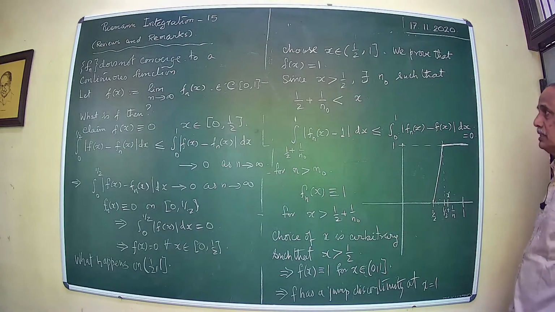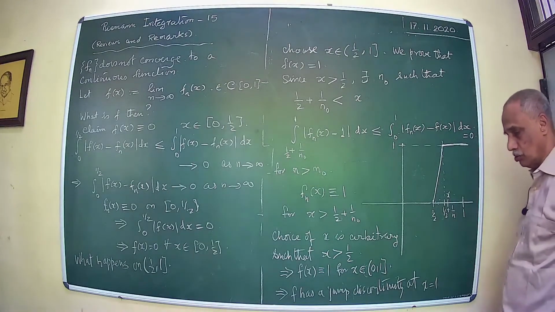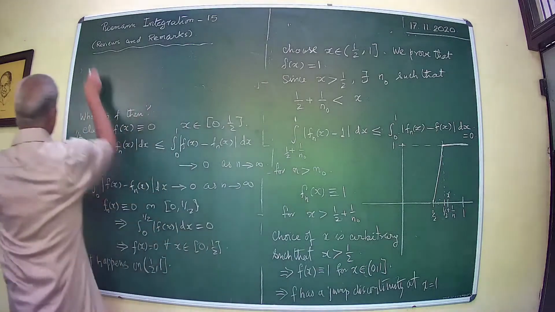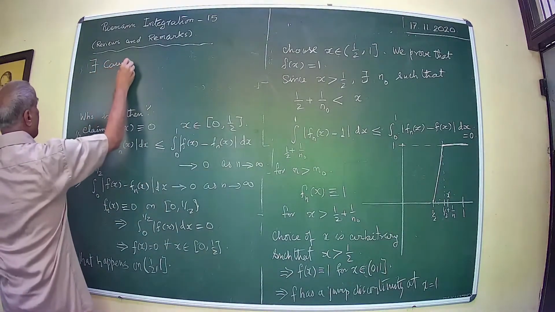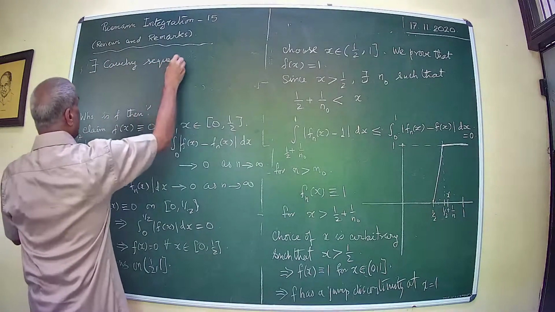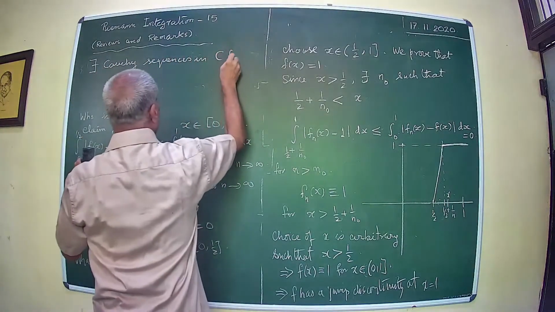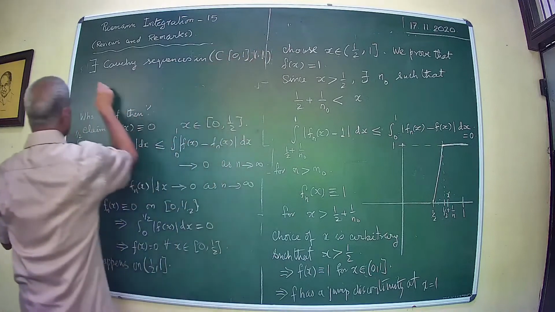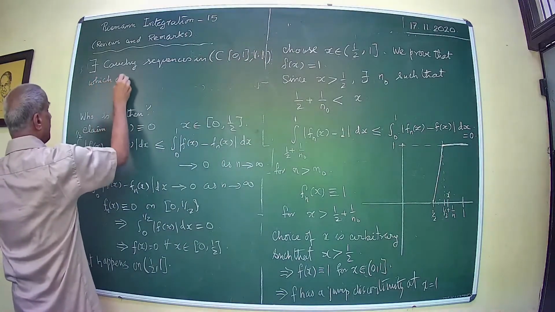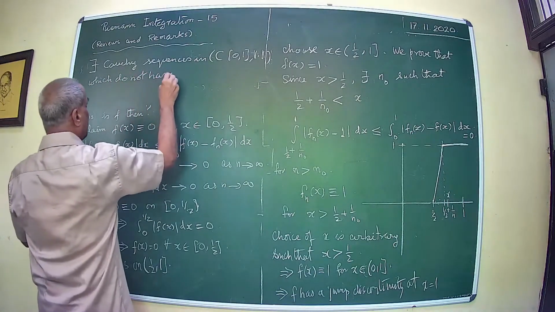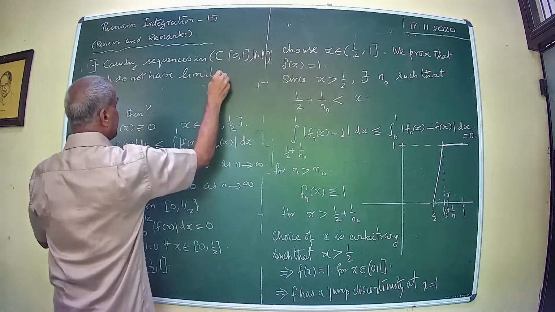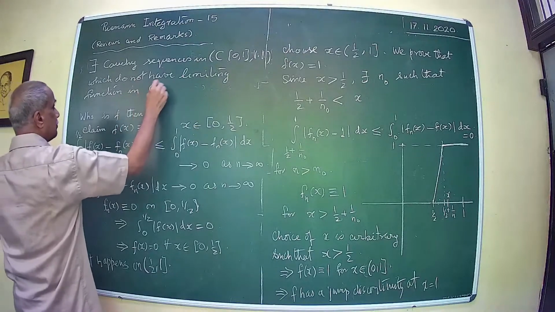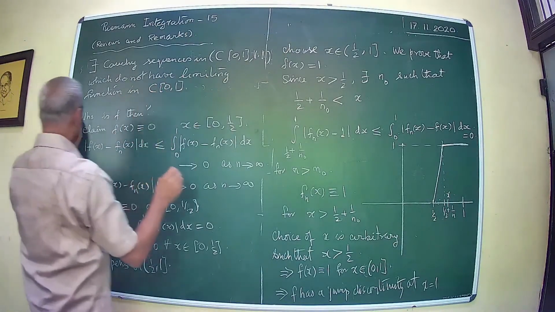So there exist Cauchy sequences which do not have a limiting function in C[0,1]. So C[0,1] is not complete.